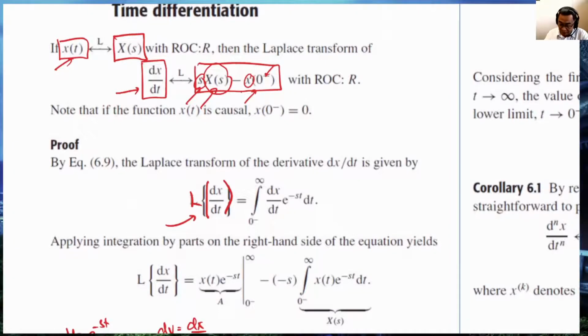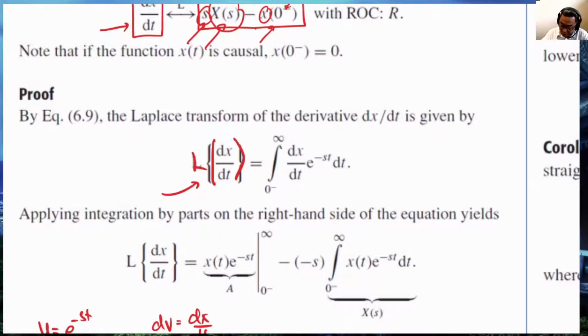The Laplace transform of dx/dt, now we are doing it with the causal, right-hand side, the unilateral transform, just to make our life a little easier. So we integrate from 0 minus, time just a little bit to the left of the origin, to infinity, the function that we are transforming, which is dx/dt times e^(-st) dt.